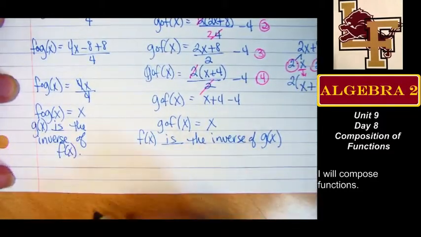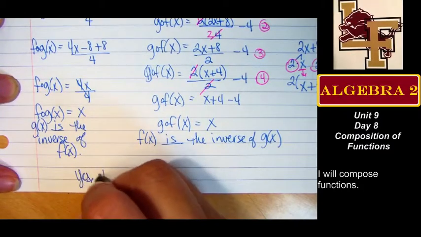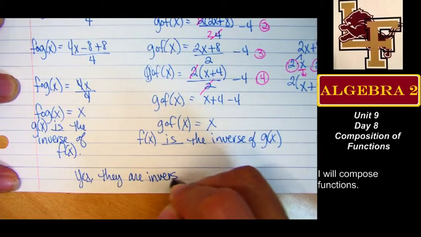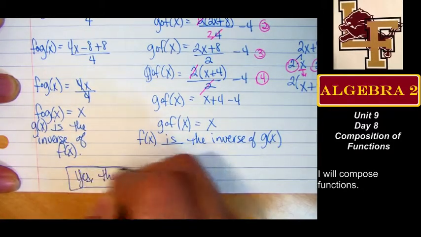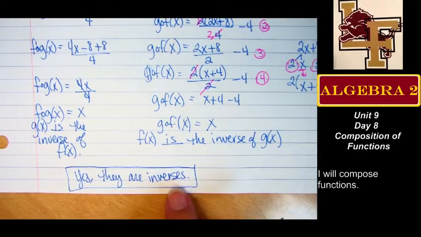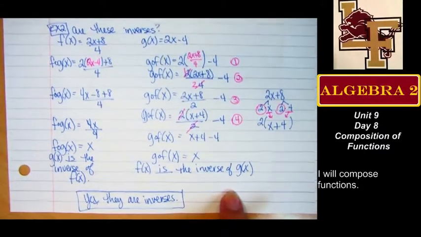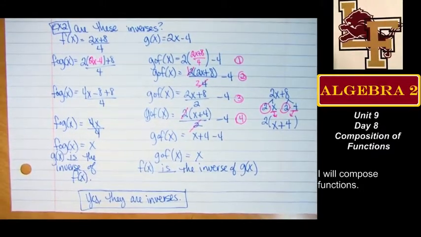And so your final answer is yes. They are inverses. So this is the final answer that gets boxed in. And all the rest of what we just did, all of that is the justification.